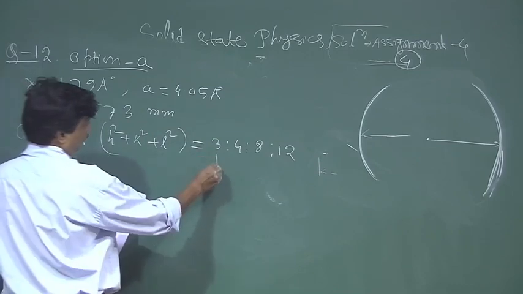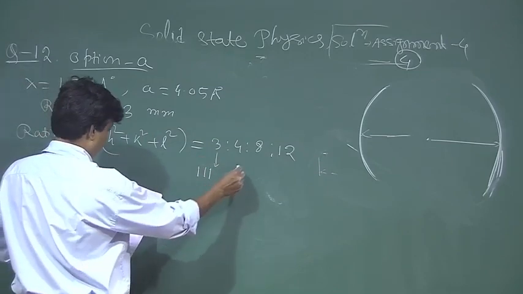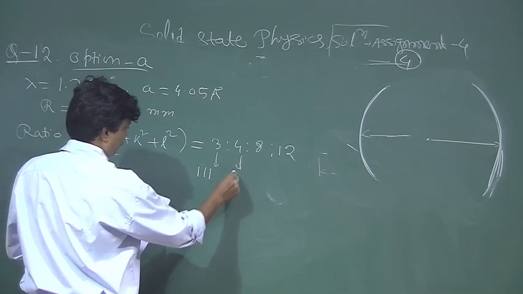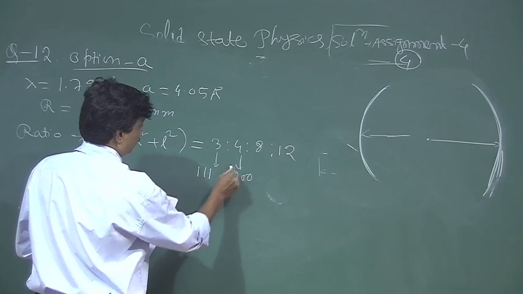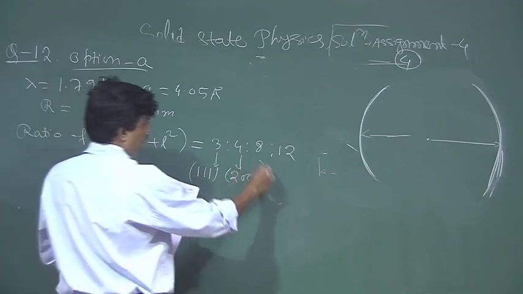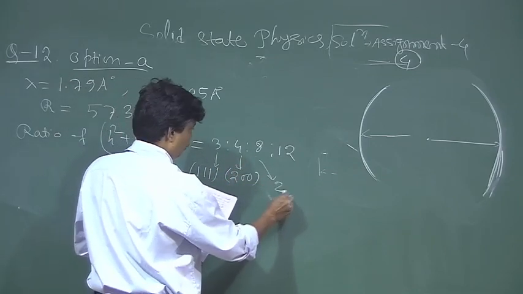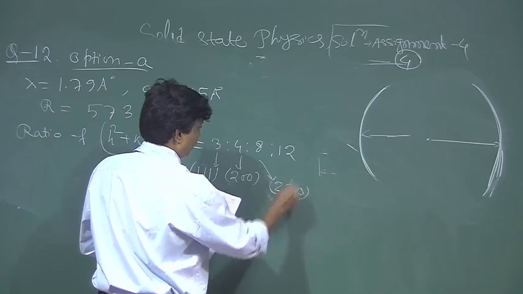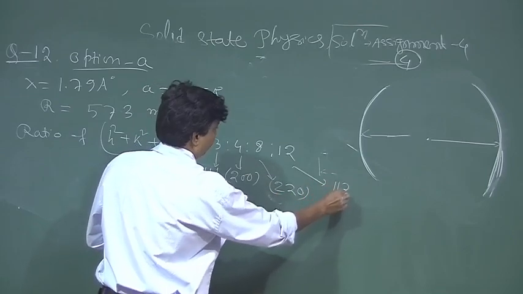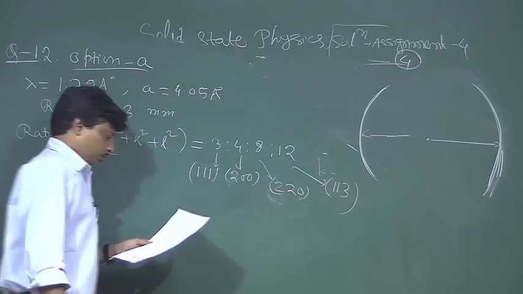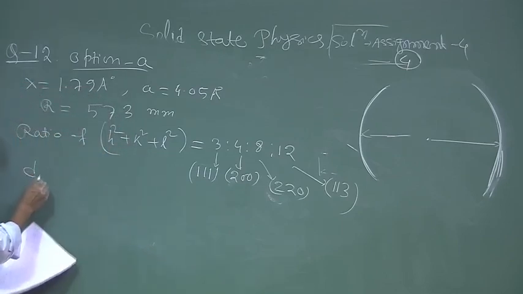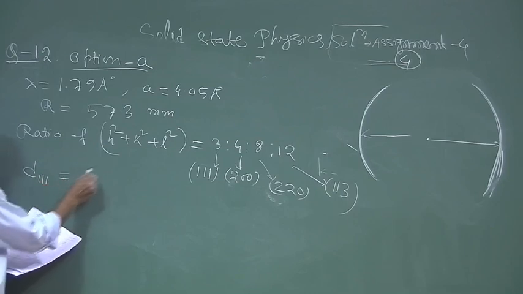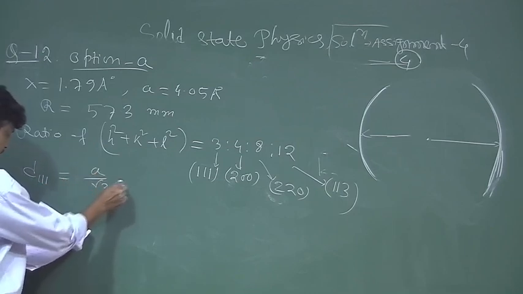This corresponds to 1 1 1, this corresponds to 2 0 0, this corresponds to 2 2 0, and this corresponds to 1 1 3, like this. So, thus d111 is a by root 3.